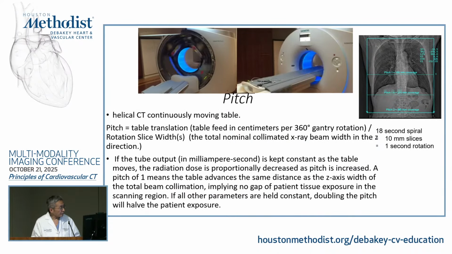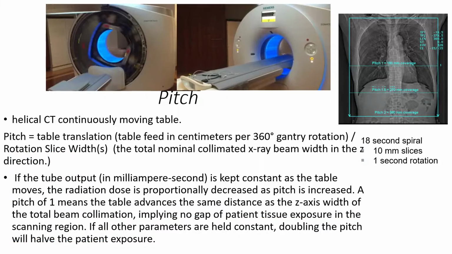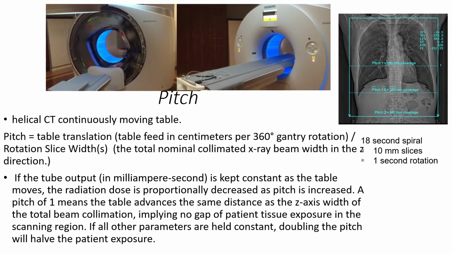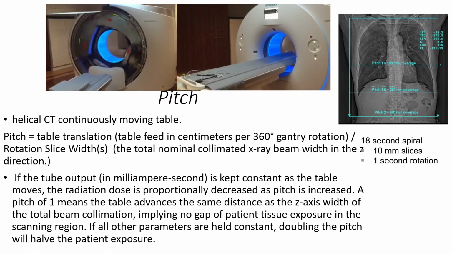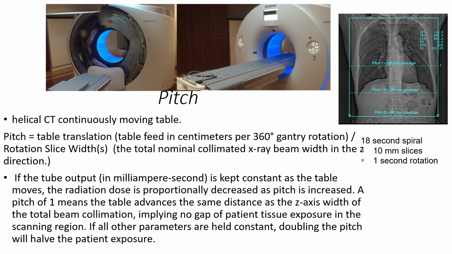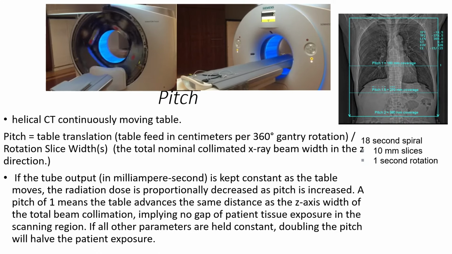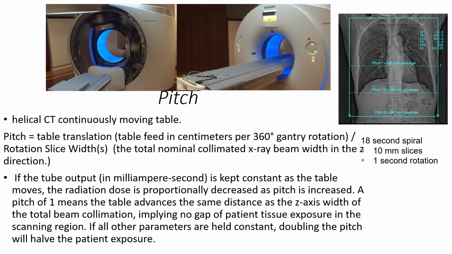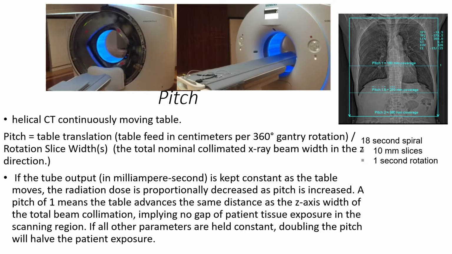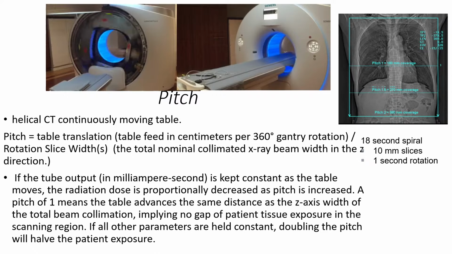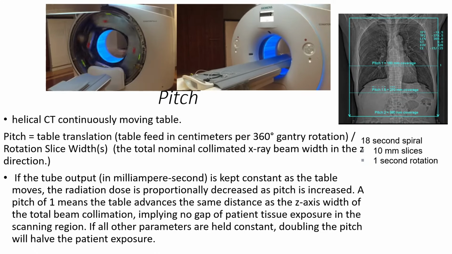And that's a concept of pitch. So this is only pertinent to helical mode. Okay? So for prospective gating, the pitch is essentially we call 1 because you move the patient, you rotate, then you move and then rotate and image. Okay, high pitch. So most of the retrospective gating is a low pitch.